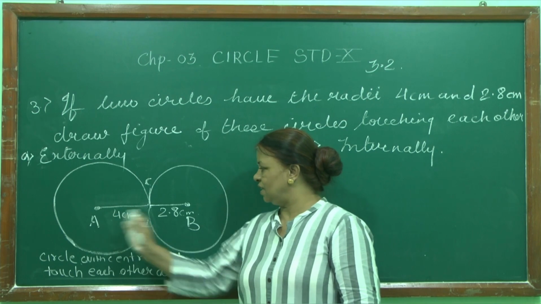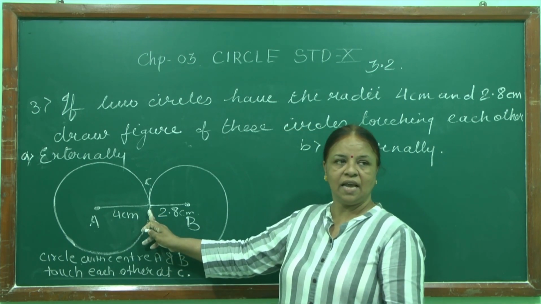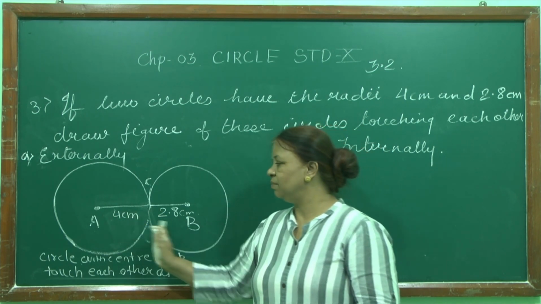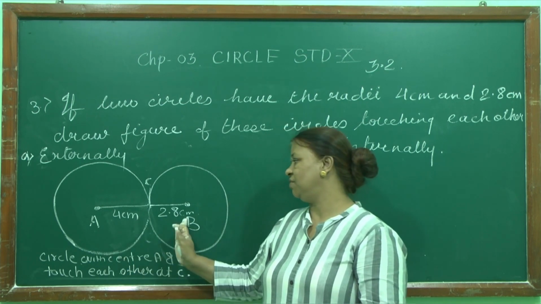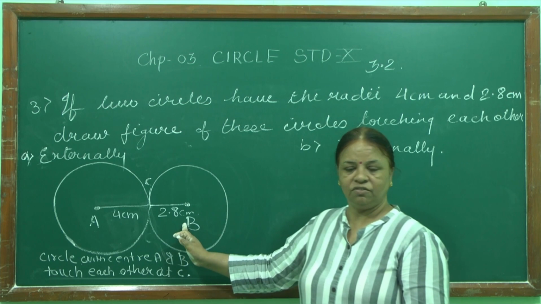We can easily say they are touching each other externally at C, so we can sum the radii and we can find the distance between the centers of the circles.